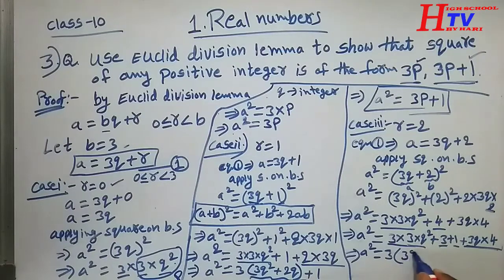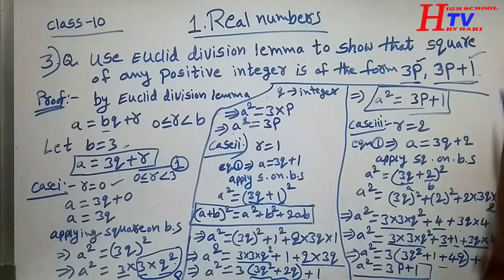Remaining 3q square, plus 1 remaining from 3, plus 4q, bracket close, plus 1. Similarly, 3 into this total part is an integer, and this total integer I am considering as p. 3 into p plus 1.